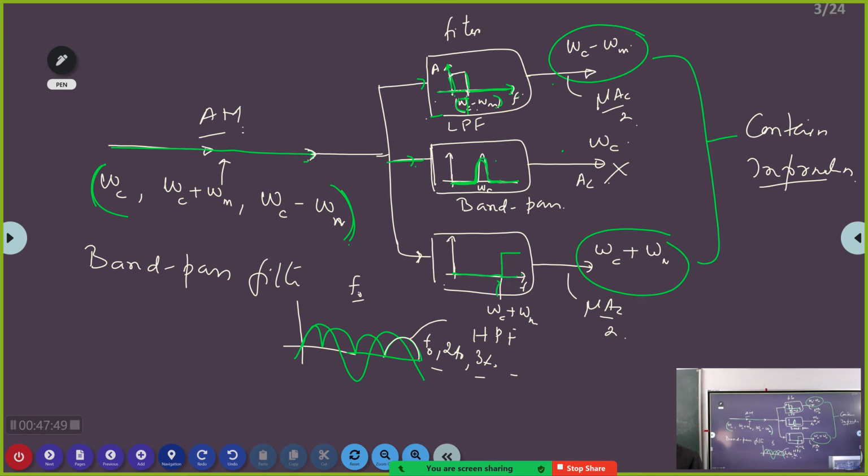As long as the broadcast frequencies are sufficiently spaced out, these sidebands do not overlap. Different stations can operate without interfering with each other. Did you understand that statement? What you understood, you tell.